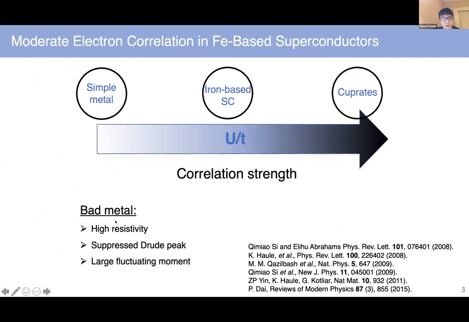For example, they have a larger resistivity compared with simple metals, and we observe suppressed peaks in the optical conductivity spectrum, and we see a large ordered moment or a large fluctuation moment in the iron-based superconductors.